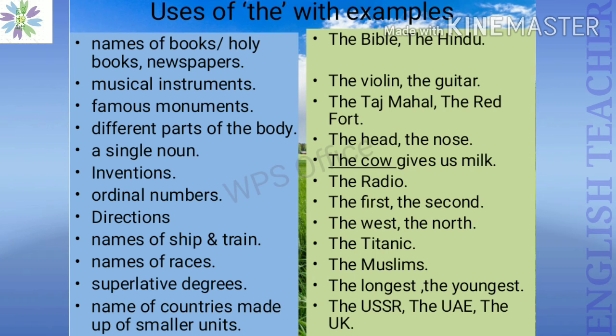Before the names of ships or trains, the Titanic. Names of races like the Muslims, the Hindus. The is used before superlative degrees like the longest, the youngest. Names of countries made up of smaller units also take the: the USSR, the UAE, the UK.